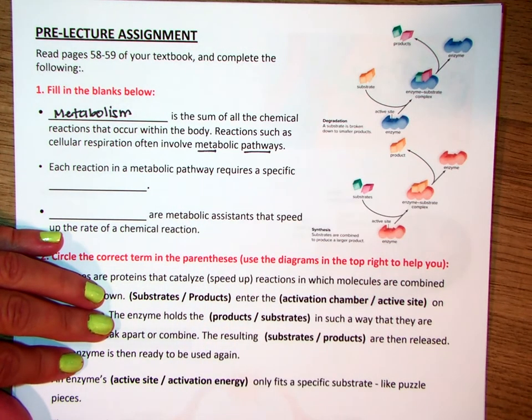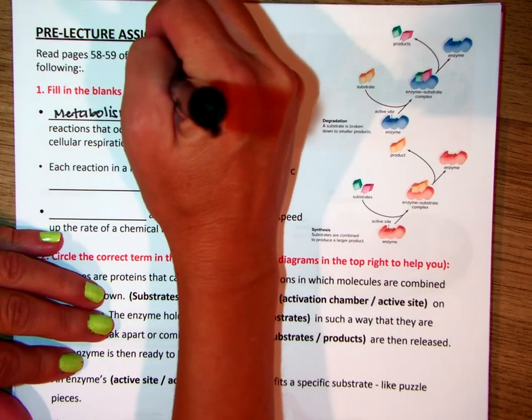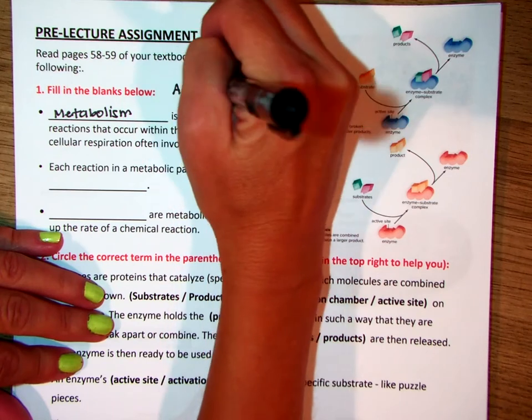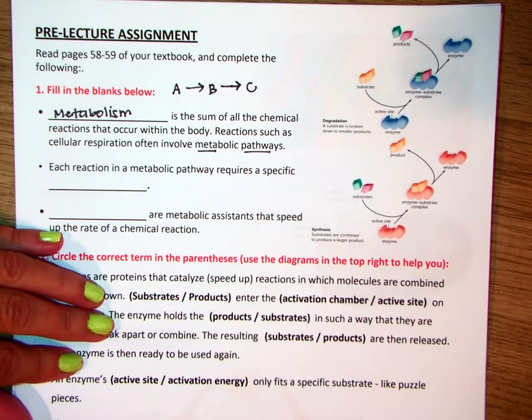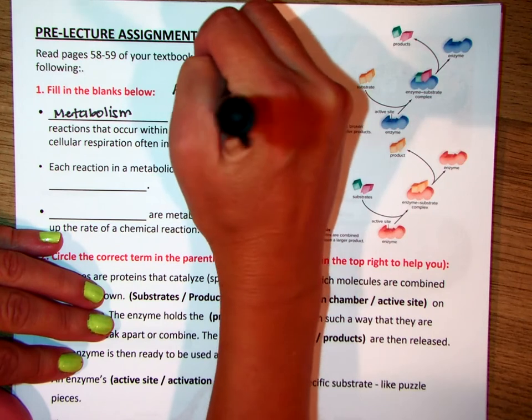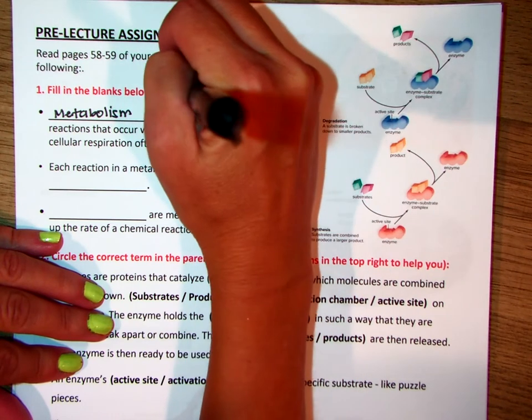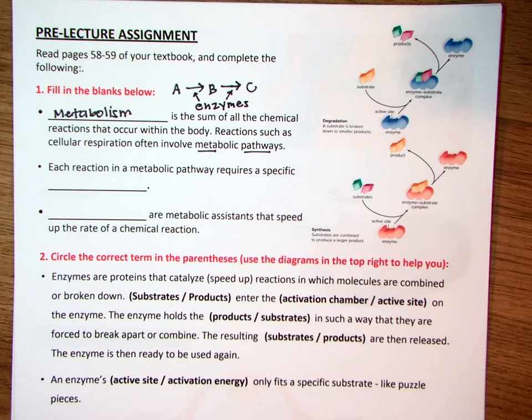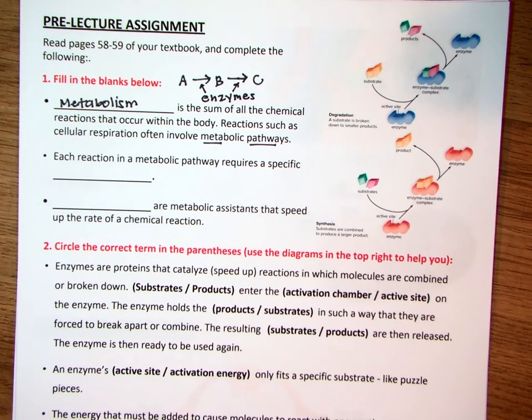And when you hear of metabolic pathways, that's just when we take one molecule, turn it into another, turn it into another, and so forth. And all of these reactions require enzymes to facilitate them. So I kind of answered the next question.